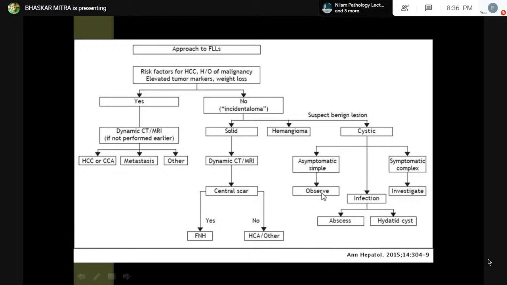If cystic and asymptomatic, observe; if symptomatic, control immediately. There also come the different abscesses and cystic infections, like hydatid cyst and hepatic abscesses, which may also lead to the formation of nodules or cystic lesions and liver mass formation.